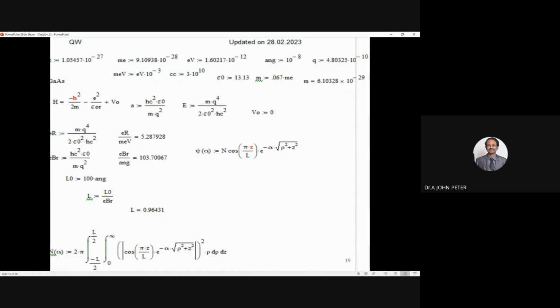And of course phi is 0 to 2 pi, as you have seen earlier. That's why we have obtained 2 pi, so 2 pi times minus L by 2 to plus L by 2.